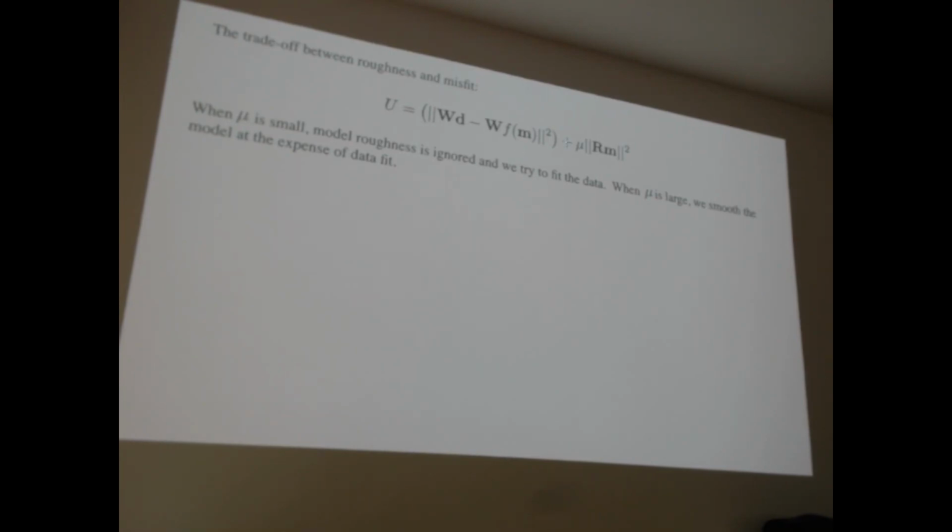You've got this equation here with a trade-off parameter mu. If mu is small, say mu is 0, this just goes to the least squares solution, where you just make your model as rough as you can and fit the data. If mu is large, we ignore the data and make our model look smooth, and the trick is to find mu just right.